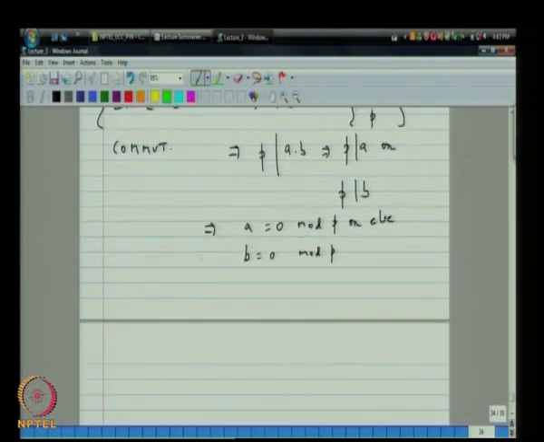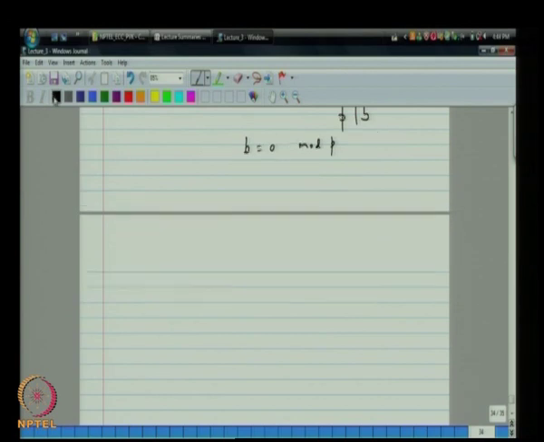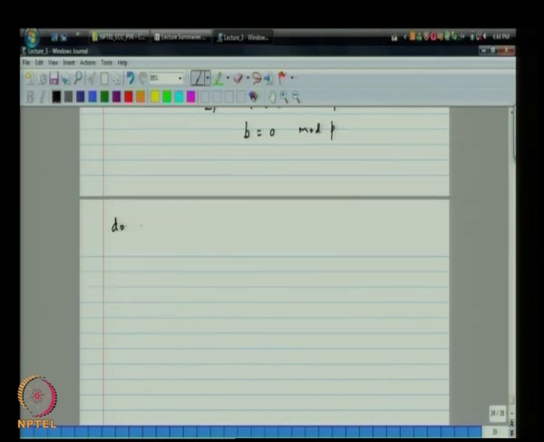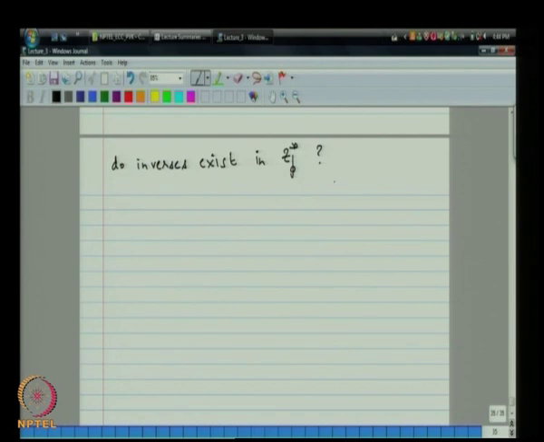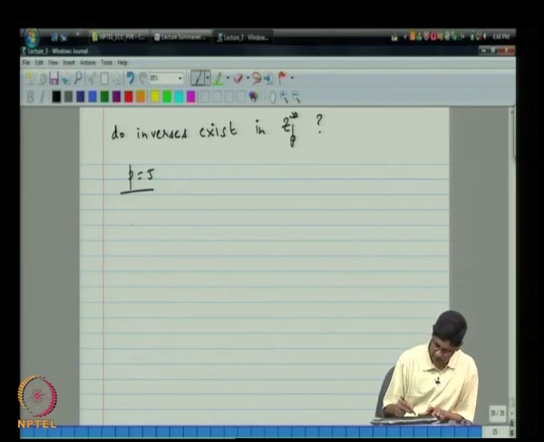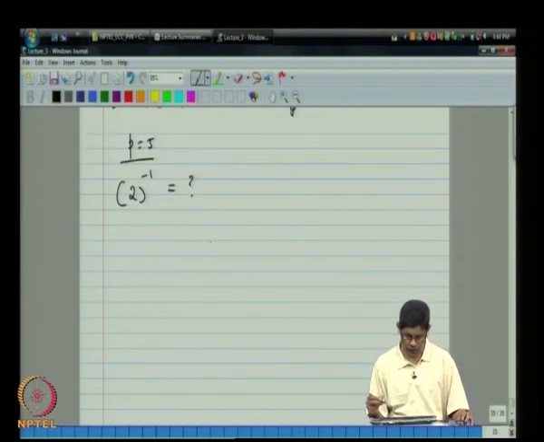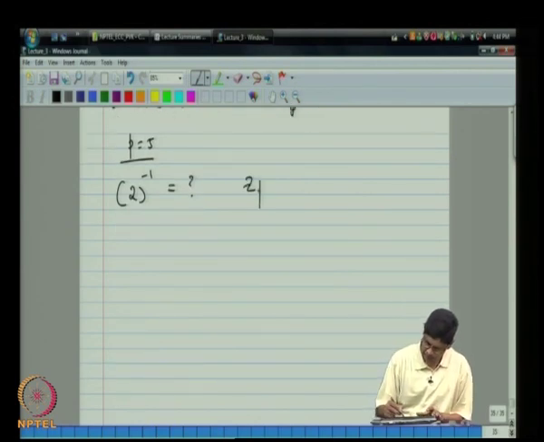And how about the inverse? So, let us look at the inverses. Again, let us look at the case when P is equal to 5, and supposing we want to know the inverse of 2. What we can do is, we know that Z_P star consists of 1, 2, 3, 4.